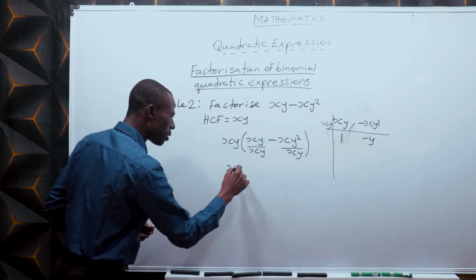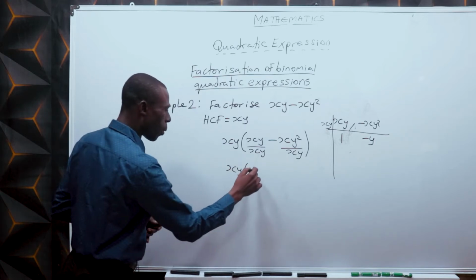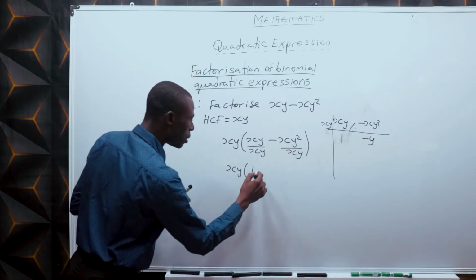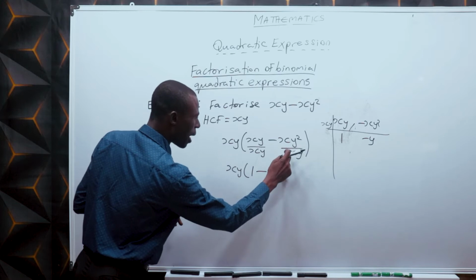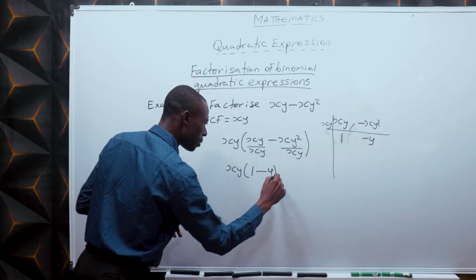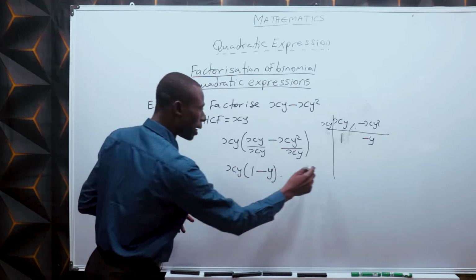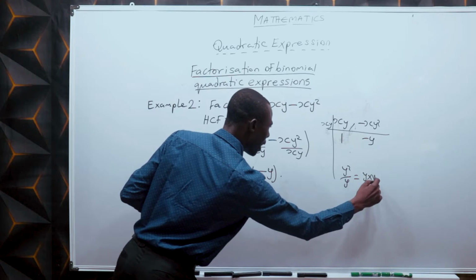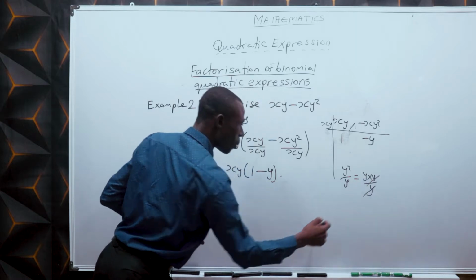So this gives you xy divided by xy is 1. Minus x cancels x. y in y square is y. That's the answer. Don't forget, y squared divided by y means y times y divided by y. y cancels y, you have y.